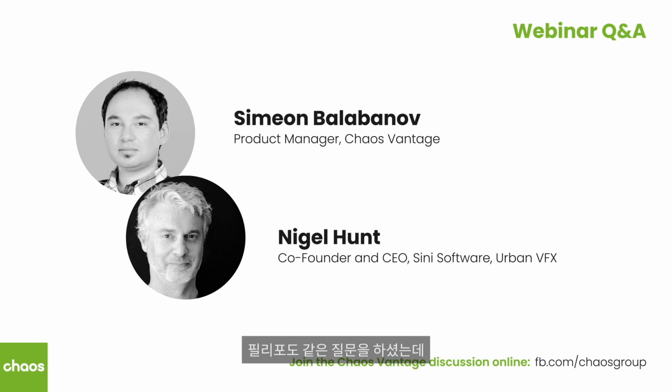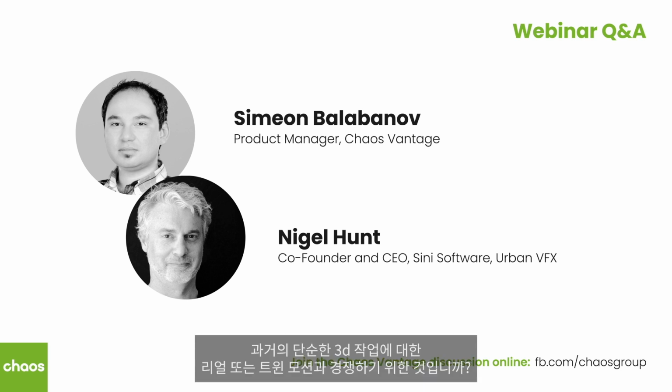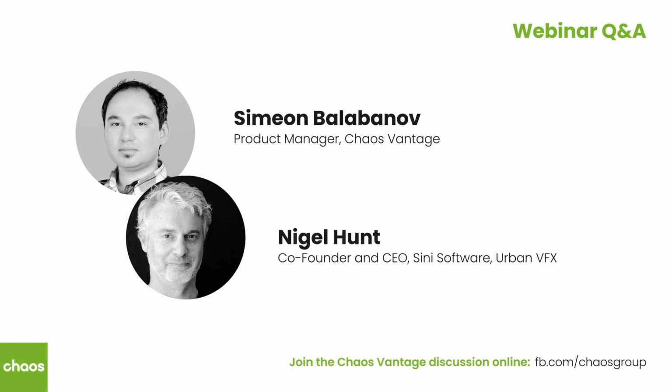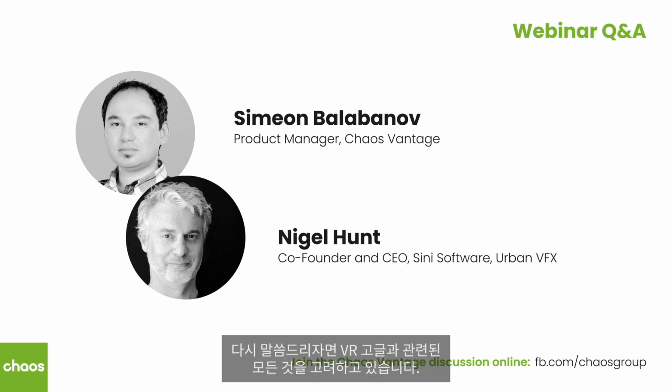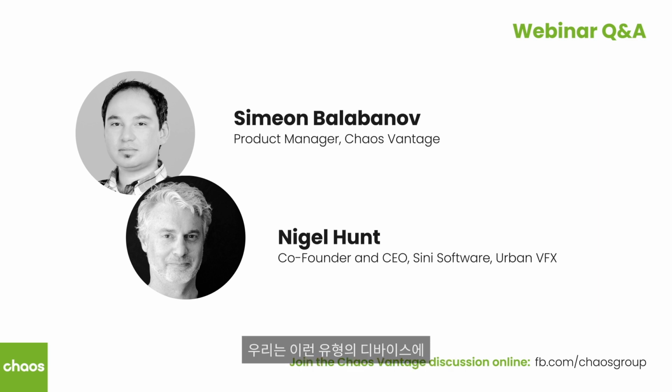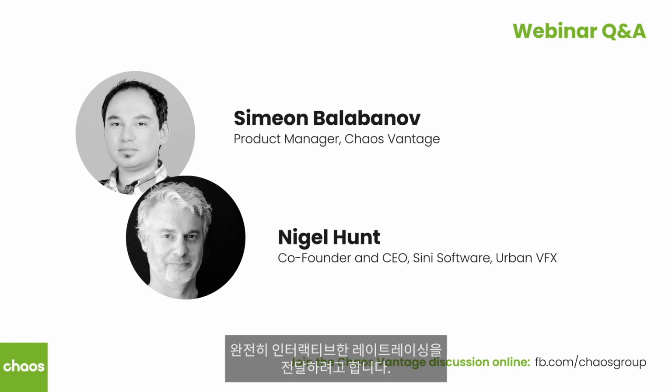And Filippo has the same question: is the aim of Chaos to compete with Unreal or Twinmotion for fast, simple 3D work through using standalone apps or VR goggles? That's a relatively long question, but everything related to VR goggles is something that we are considering. We want to deliver completely interactive ray tracing to this type of devices.